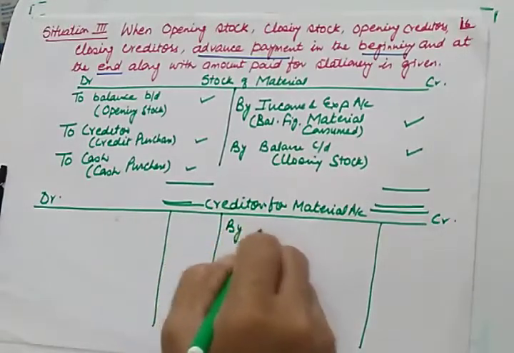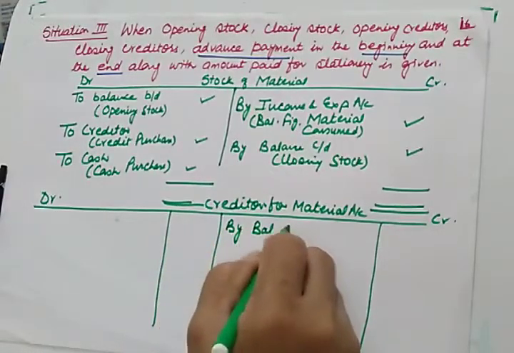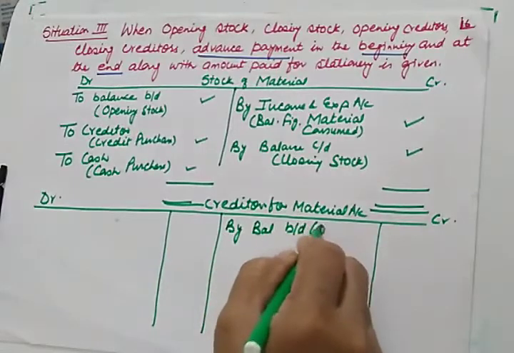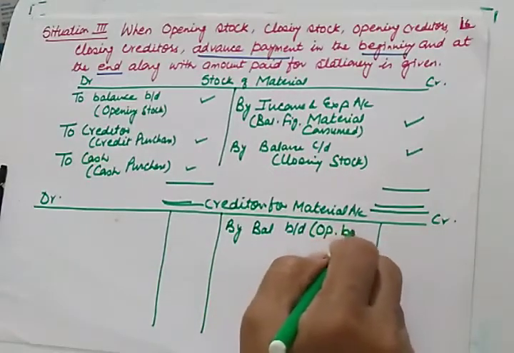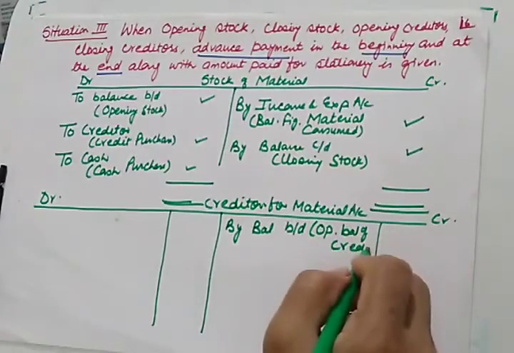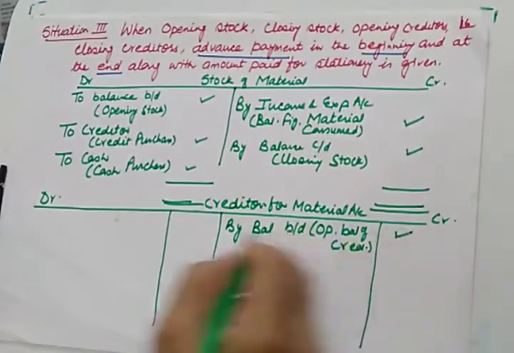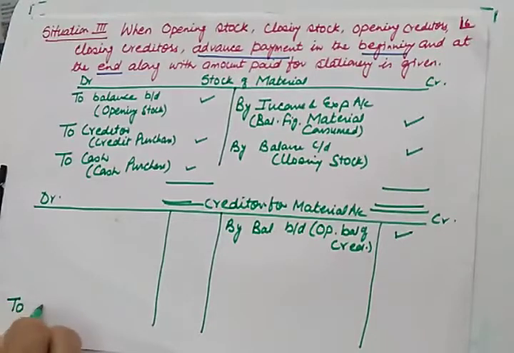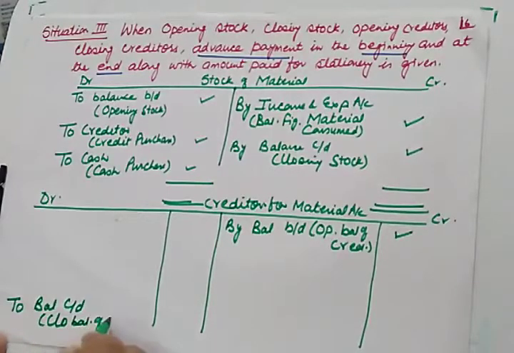So here we'll write by balance brought down, this is the opening balance of creditors, and if opening is written, closing will be written on the opposite side, to balance carried down. This is the closing balance of creditors.